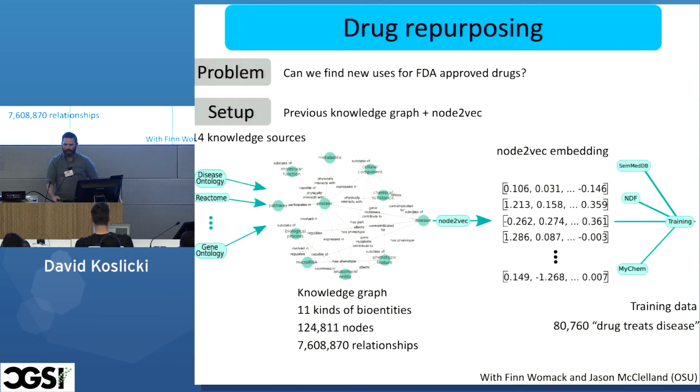Because basically, we get from this 80,000 plus drug-treats-disease pairs: this drug treats this disease, as well as 31,000 pairs where this drug should not be used to treat this disease. We have to be a little bit careful here because saying this drug treats or does not treat is very different from saying this drug treats and this drug will actually make the disease worse, right?